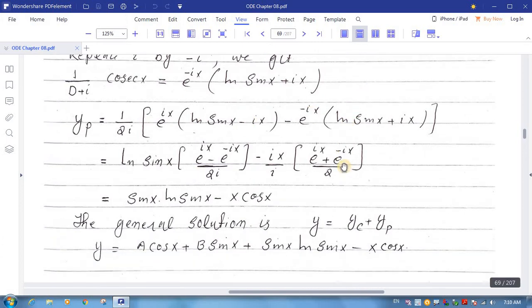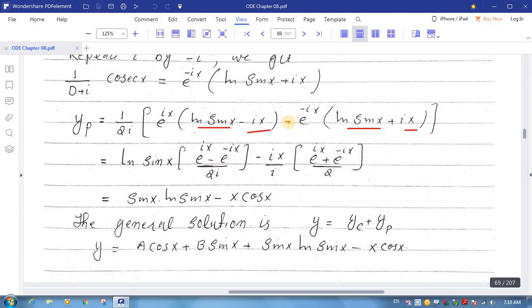Now simplifying these factors, they are common. This exponential and this exponential will be here, divided by this denominator. Similarly this one and this one are common, and here it has a minus sign.